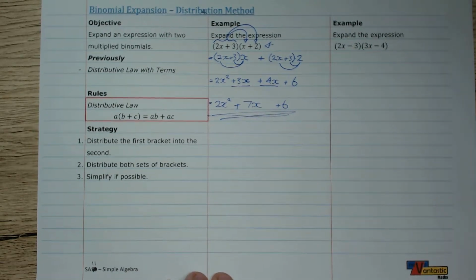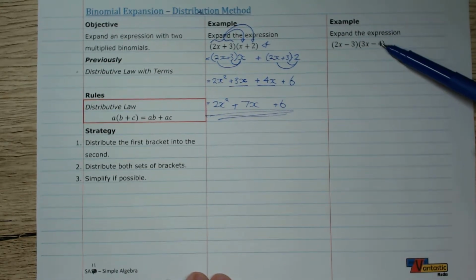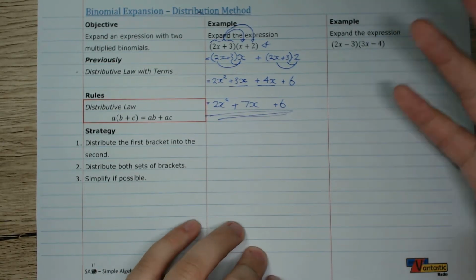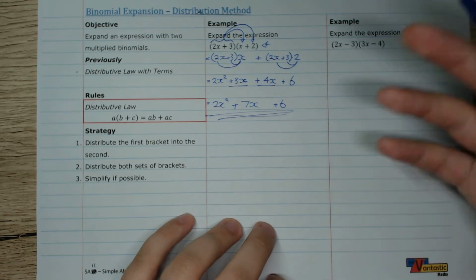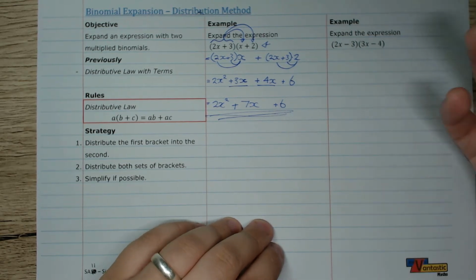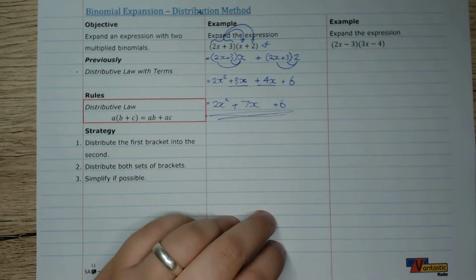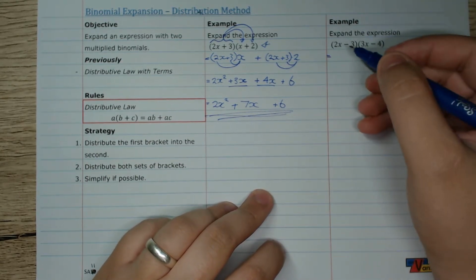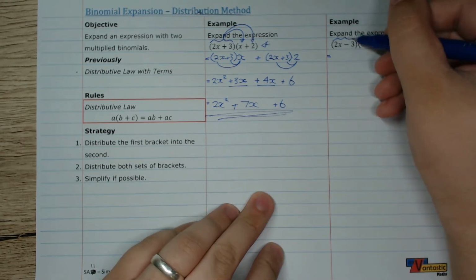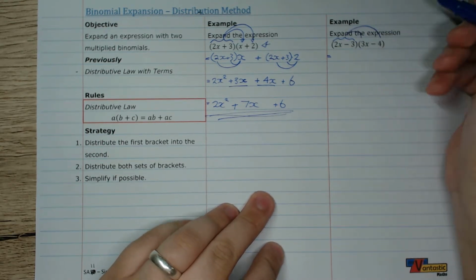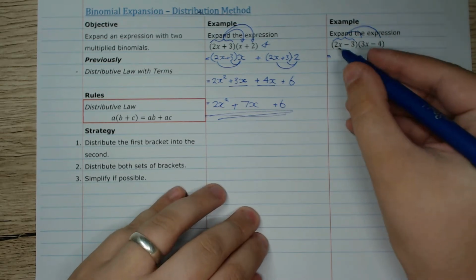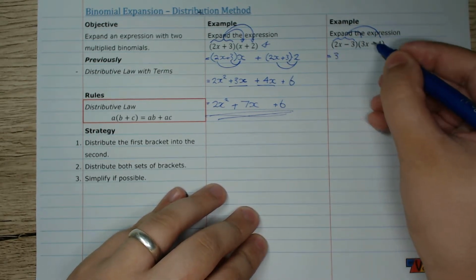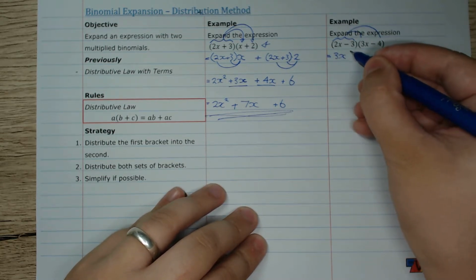Now I want to show you too what happens when we have some negatives involved. So when we have some negatives involved, we still distribute, we still expand out in the same way, but we have some negatives to deal with. So I can expand this out by multiplying my first bracket into both of my terms, and this time, because I can write these in any order, I'm going to put these loose terms out to the front.